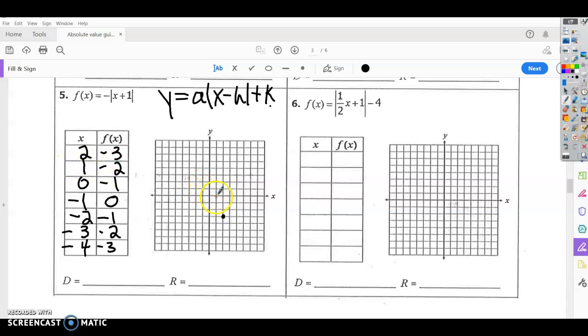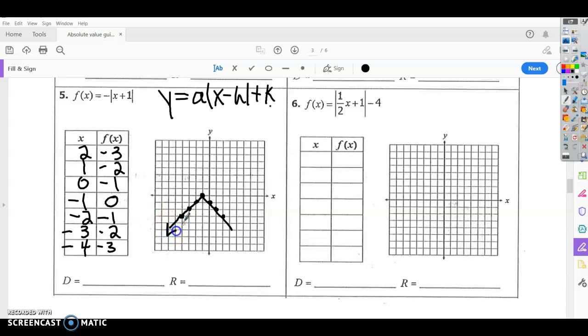And over positive 1, down 2. 0, -1. -1, 0. -2, -1. And -3, -2. 1, 2, 3, 4. 1, 2, 3. Go ahead and graph those.